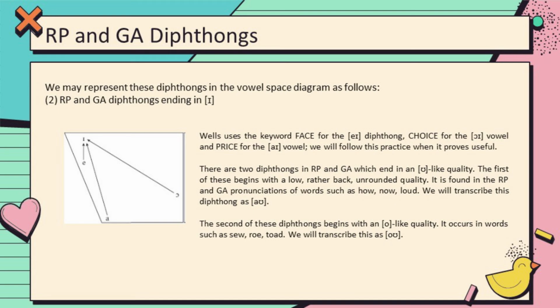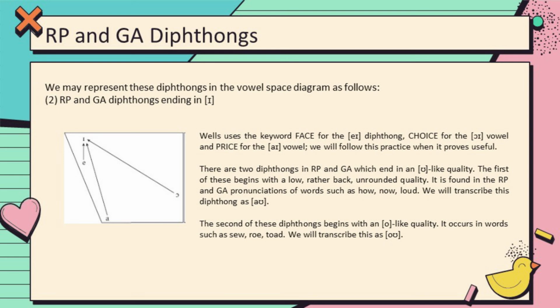We may represent these diphthongs in the vowel space diagram as follows. 2. RP and GA diphthongs ending in ɪ. Wells uses the keyword FACE for the eɪ diphthong, CHOICE for the ɔɪ vowel, and PRICE for the aɪ vowel. We will follow this practice when it proves useful.